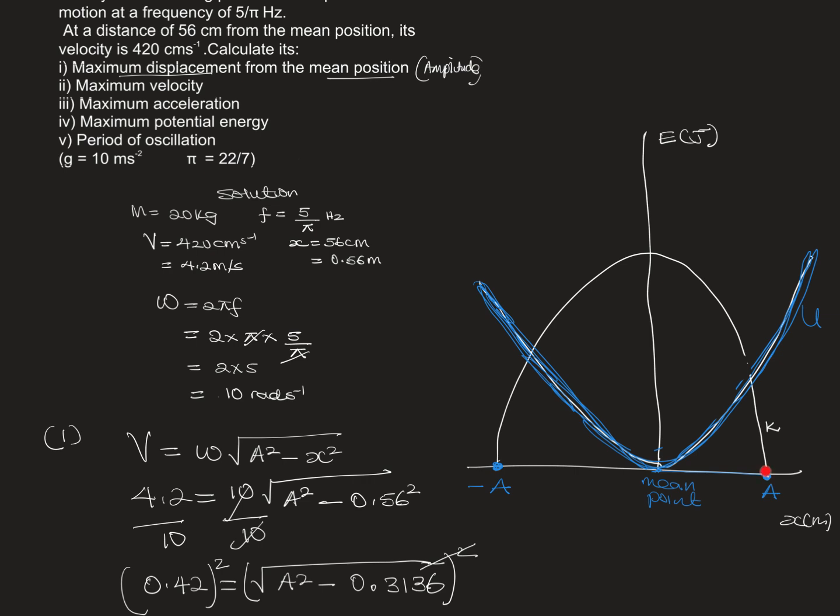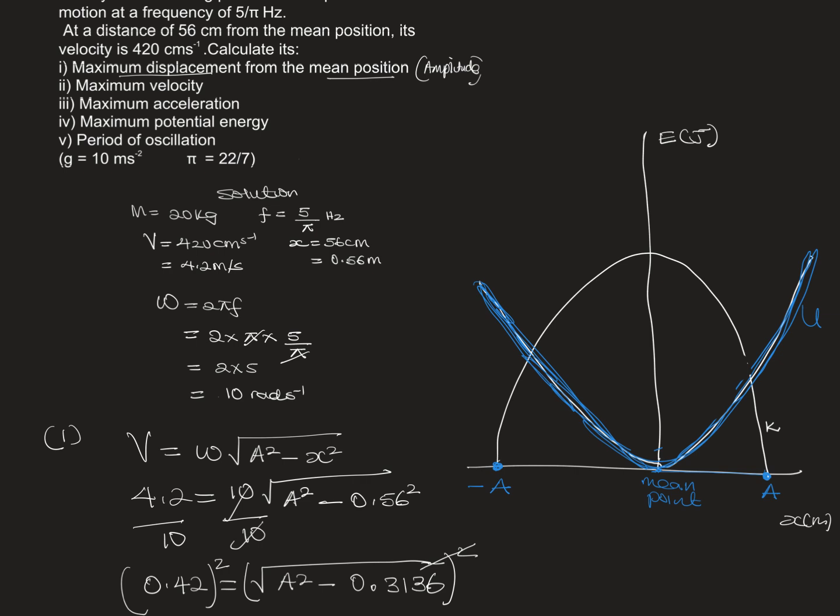But what happens to potential energy from the amplitude towards the mean point? The potential energy decreases.